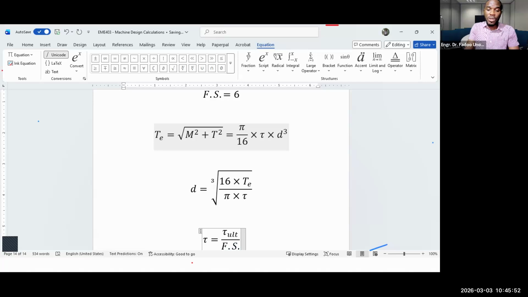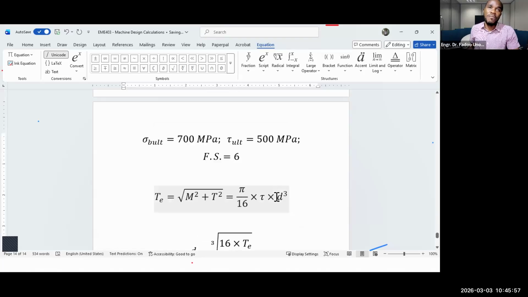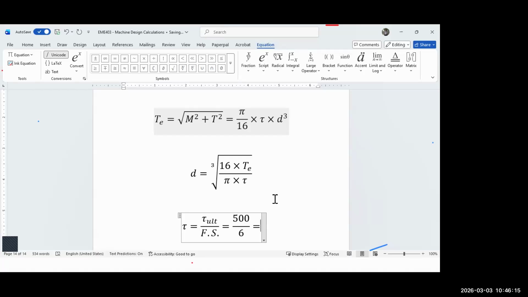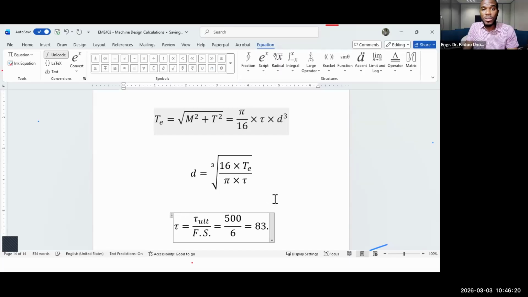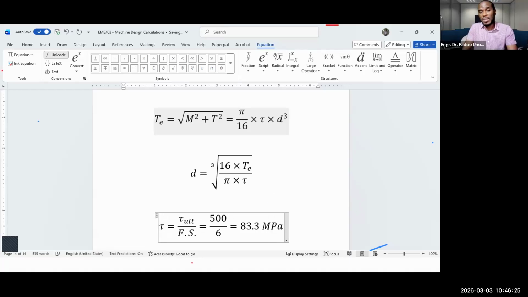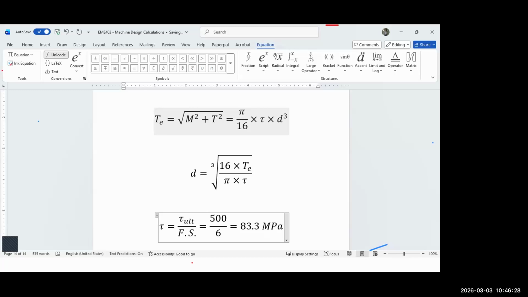The ultimate shear stress is 500 megapascals, divided by the factor of safety, which is 6. What's 500 divided by 6? 83.3 megapascals.